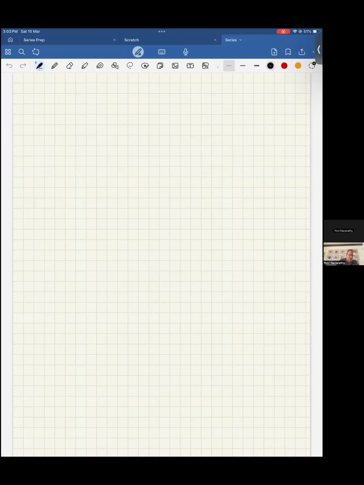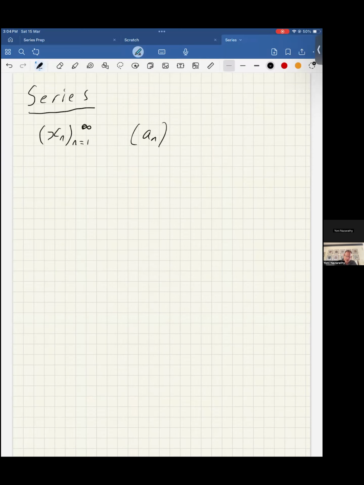Okay, so let's get into the concept of a series. All right, so in this setup, what we have is a sequence of numbers. We always have a sequence of numbers, x_n, n from 1 to infinity, maybe it's a_n, use whichever notation you'd like.